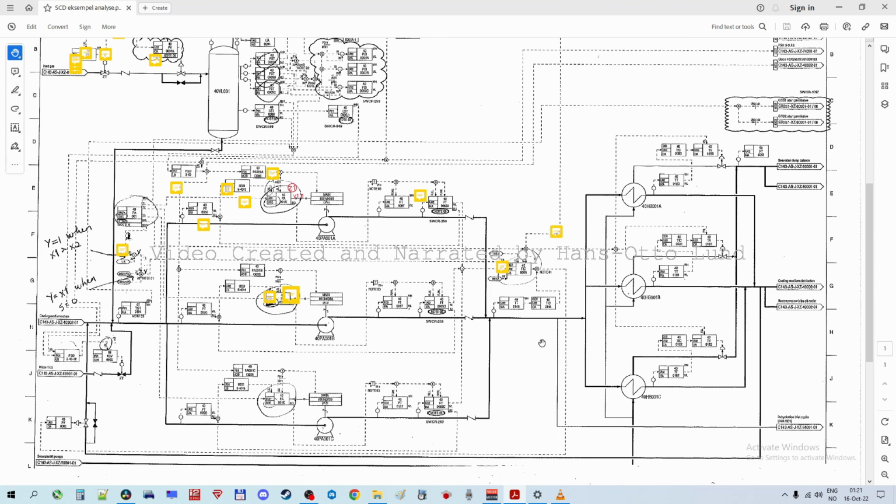What this regulator does is that it senses two different measurements.